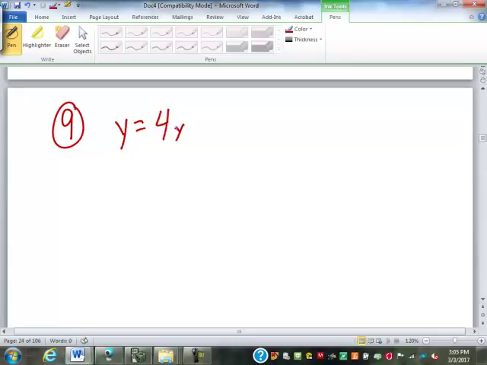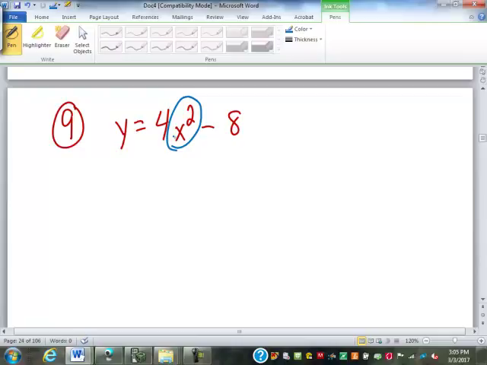Y equals 4x squared minus 8. Now, we've done several examples so far. This equation looks similar to one of the examples we've done. And why it looks similar is right here because of the x squared.